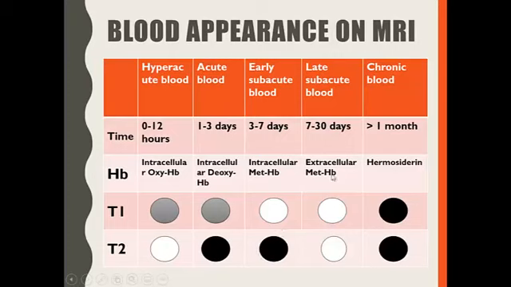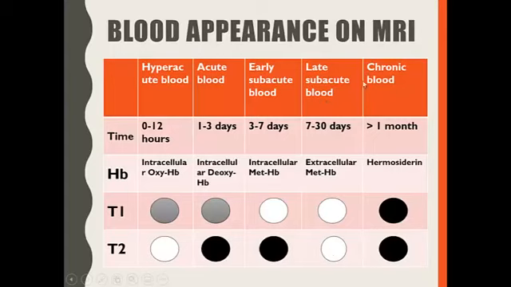After rupture of the RBCs, the methemoglobin becomes dispersed within the medium, so it will lose its susceptibility effect, and the signal will be derived from the fluid in the hematoma. So T2 will be bright signal on the late subacute stage.